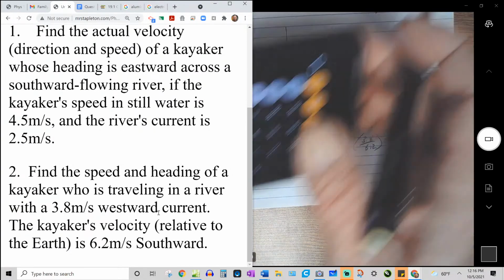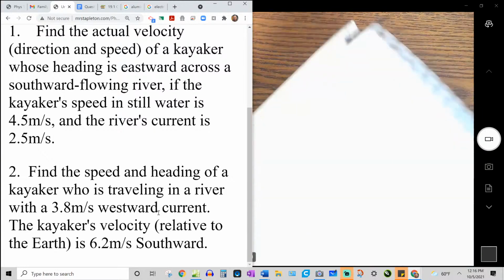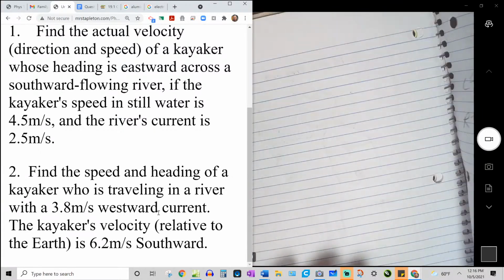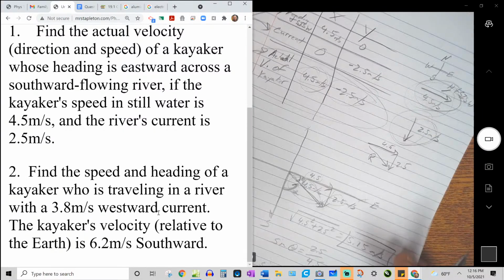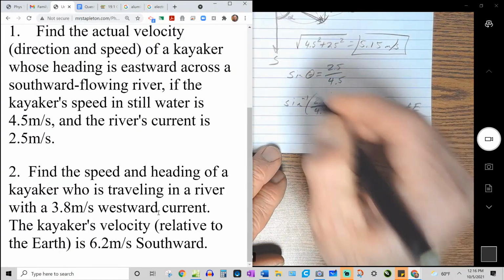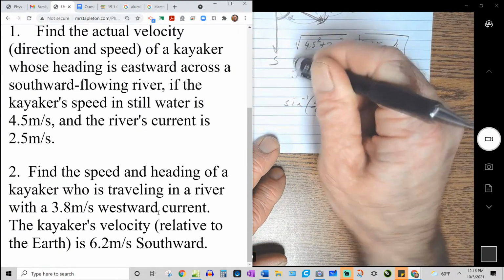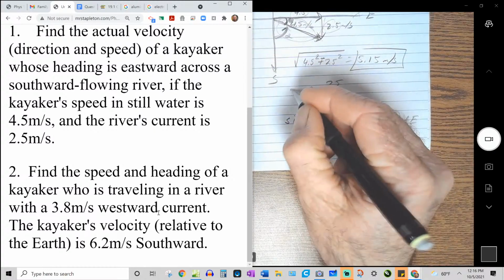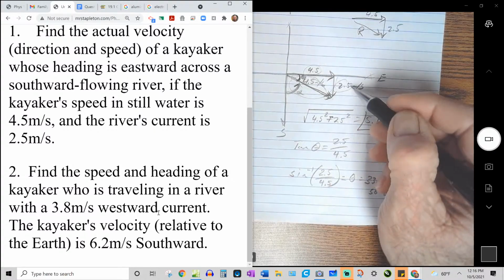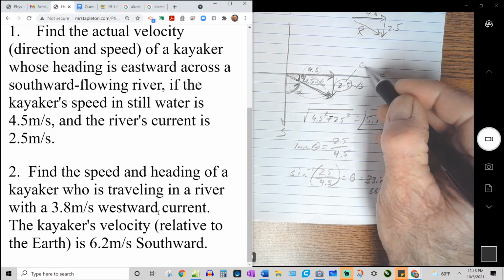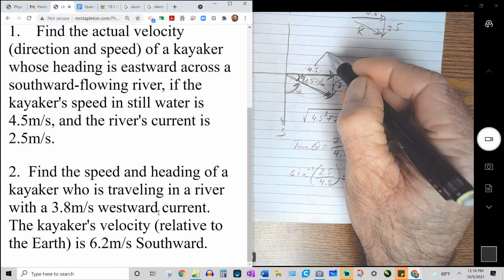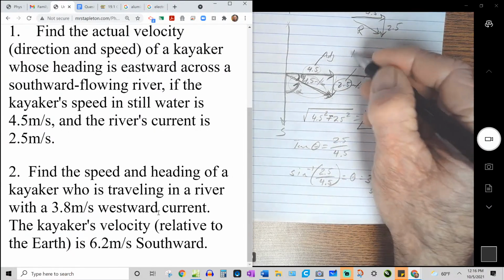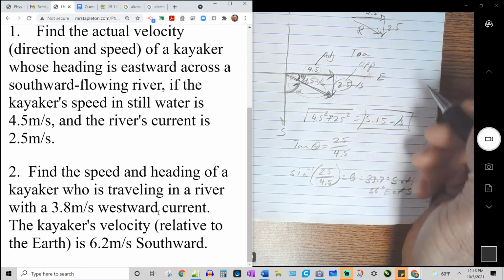All right, let me go back and fix this. This should say tangent also, because I'm using this. This is the opposite. This is the adjacent, and tangent is opposite over adjacent.